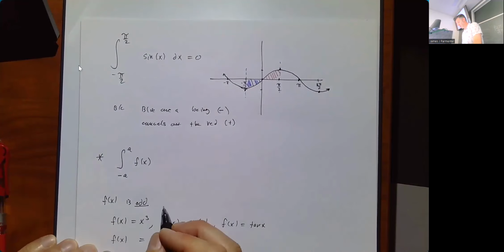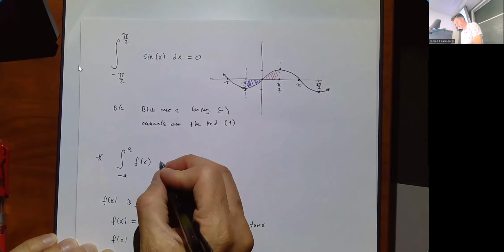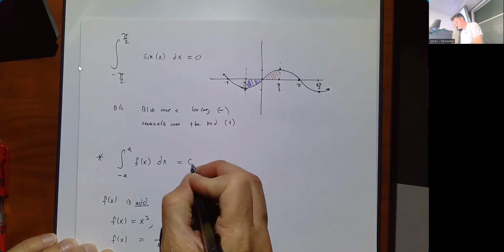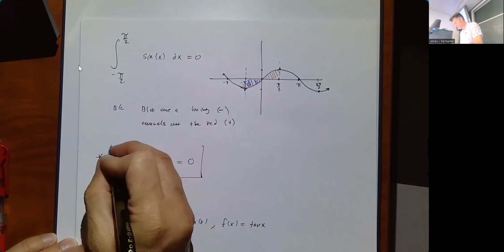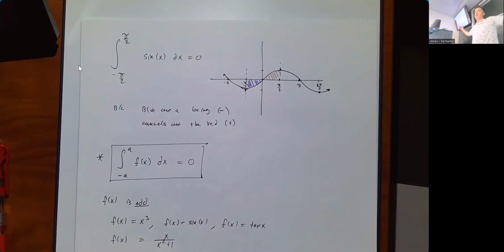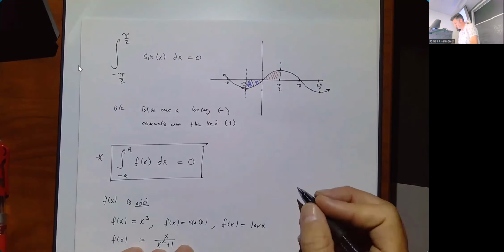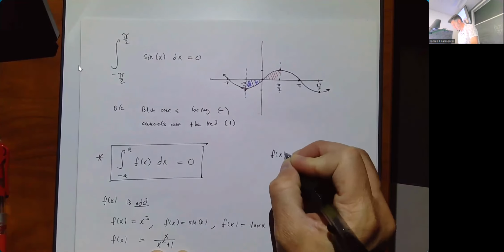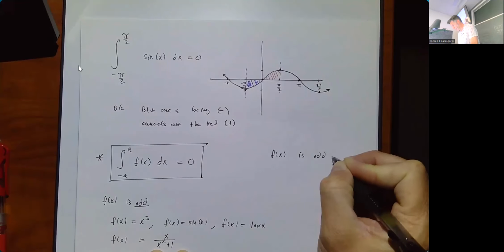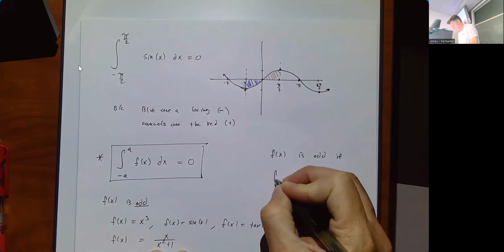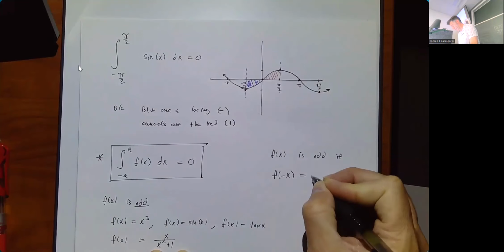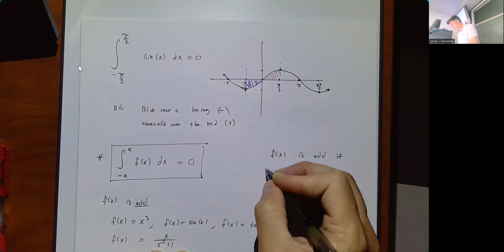If f of x is odd, then the integral from negative a to a of f of x dx is always going to equal 0, because the area on the left side and the area on the right side will cancel each other out. It's kind of neat. In case you're curious, f of x is odd if f of negative x is equal to negative f of x.